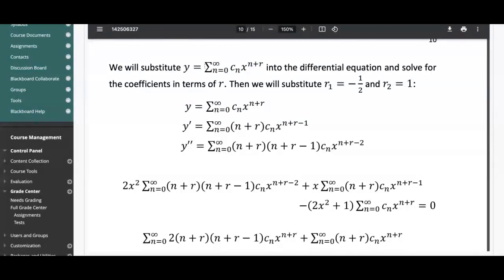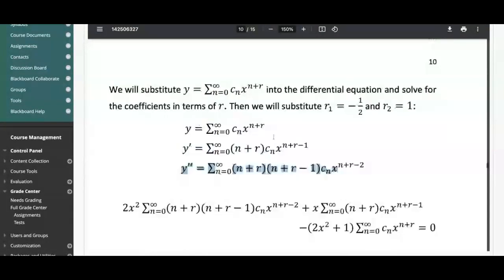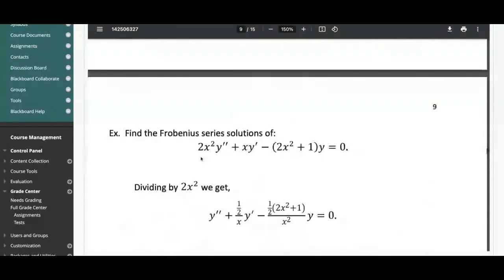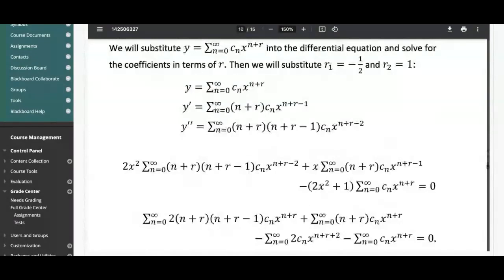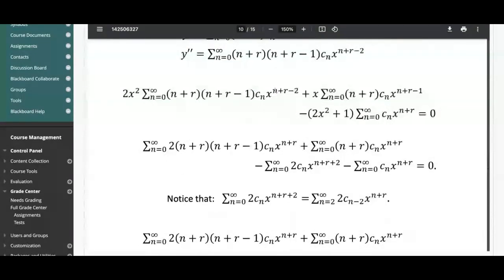N plus R. It's the same as x raised by R, then multiplied by a normal power series. You just take a derivative. Again, you plug back into the equation. Then you line up the exponents of x, because only when the exponents line up with the equation equal to 0, that says its coefficient adds up to be 0.